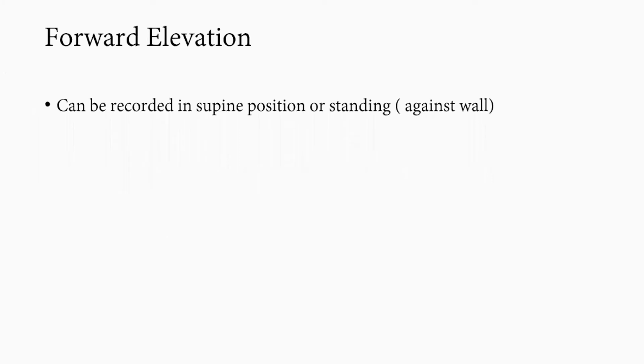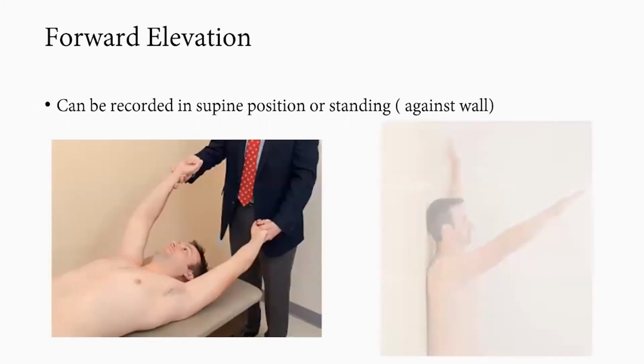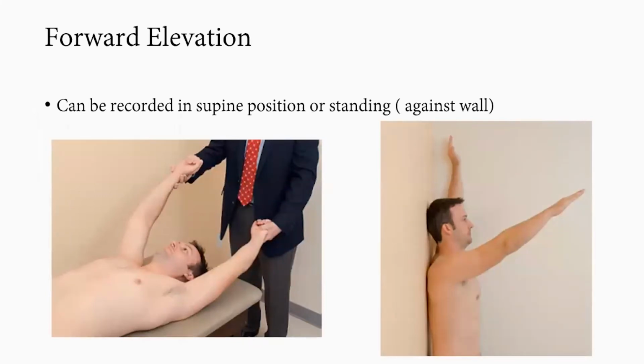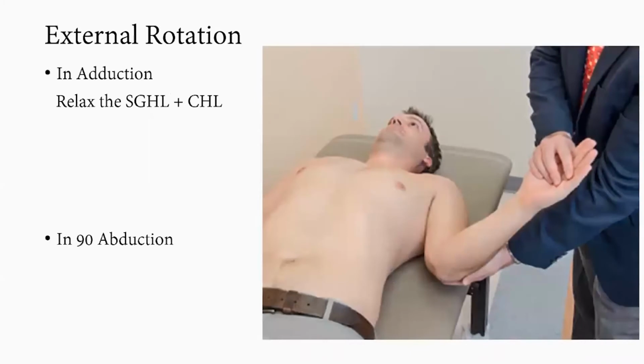Forward elevation can be recorded in either the supine position or standing. It should be done against the wall to prevent hyperextension of the back. Here the arc of motion is recorded as the arc that the elbow makes in the sagittal plane. External rotation can be measured in abduction.